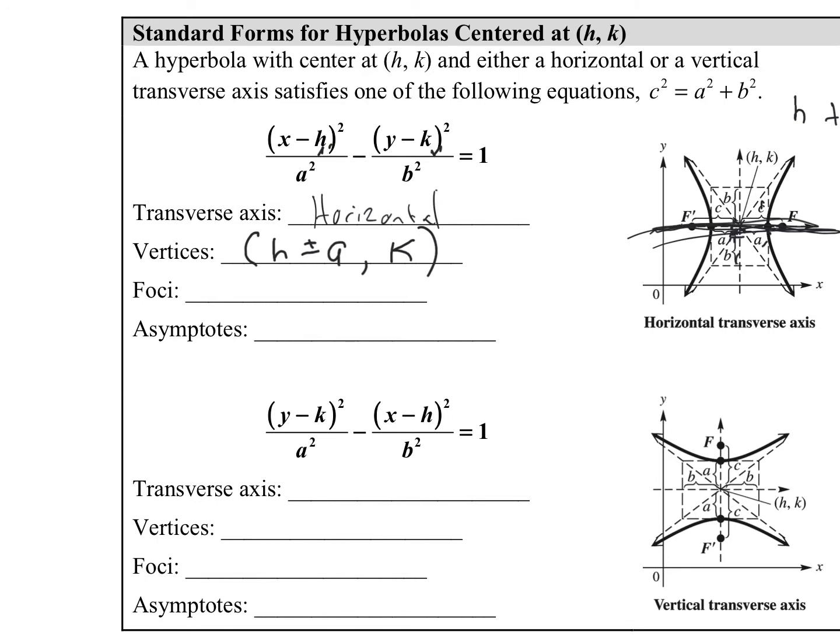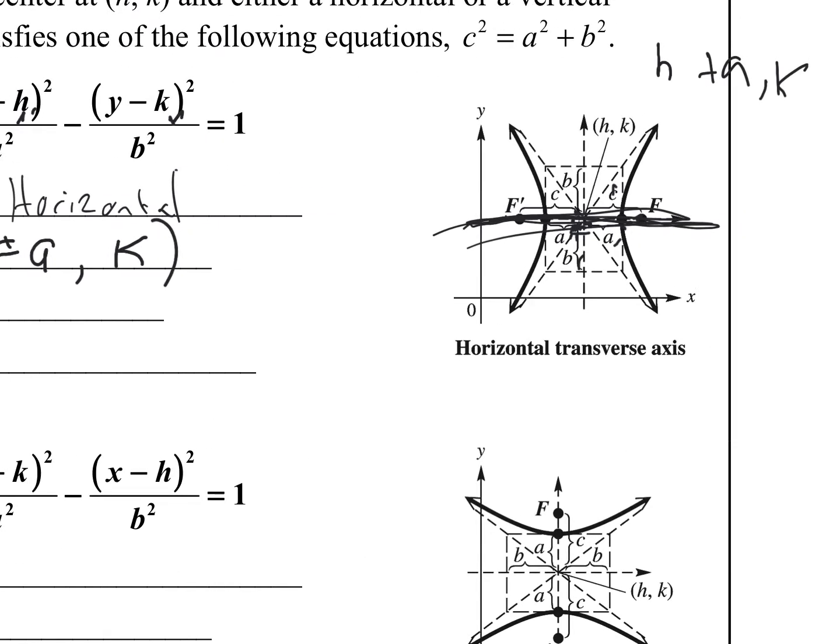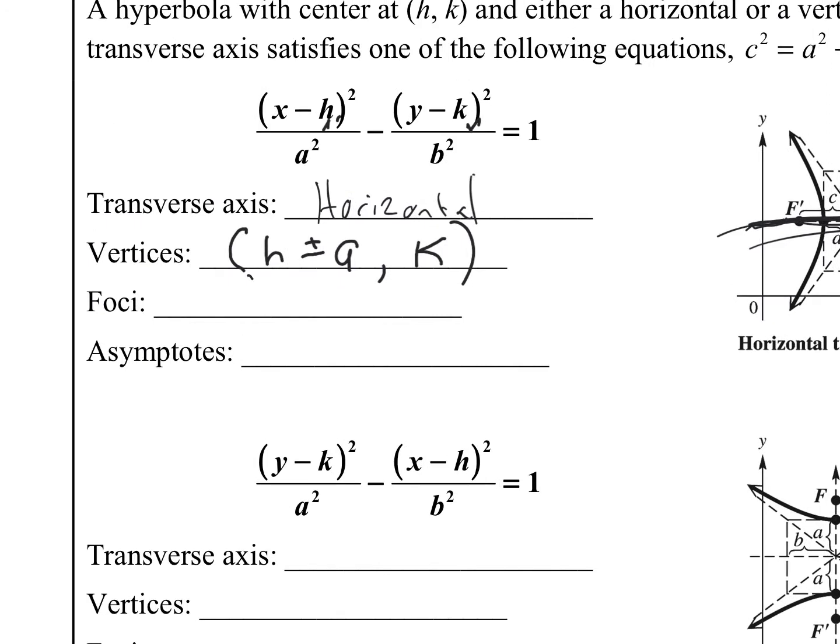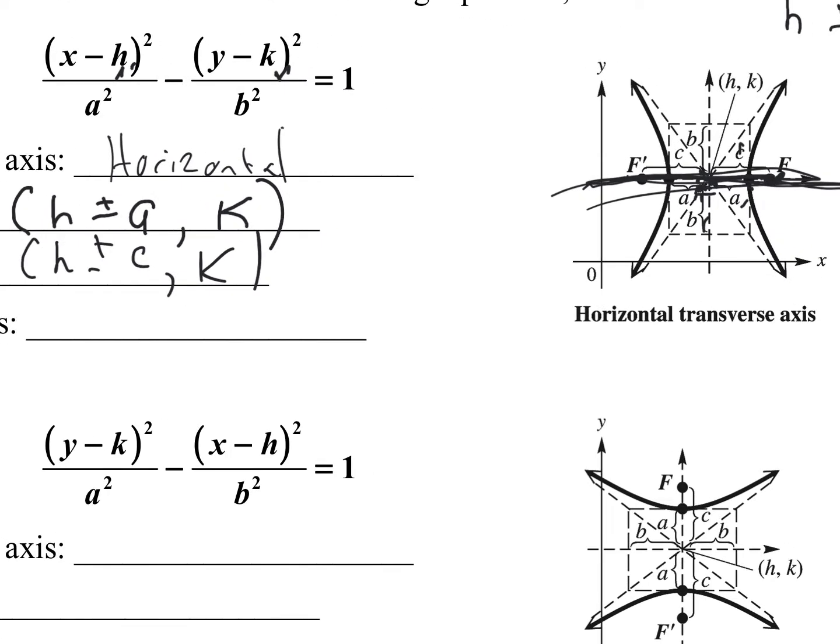Two of them, there's two of them. The foci will be whatever H is, plus the distance till you get to the focus, which is called C. So, very similar. H plus or minus C, comma K. Asymptotes, that's going to be kind of a little more difficult to have the equation of the asymptote.